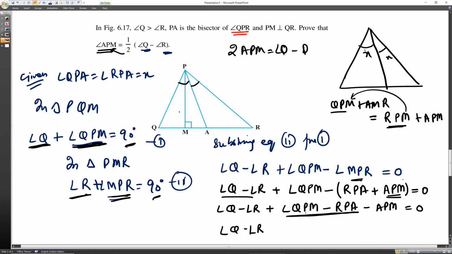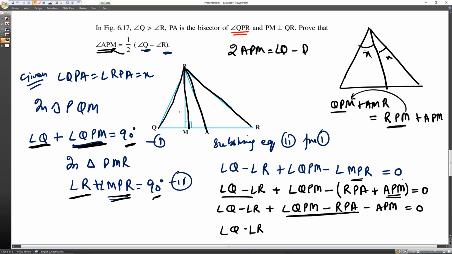The value of this one, QPM minus RPM, this is QPM minus RPA. When you subtract, just listen to me, concentrate here. What you will get when you have this value, RPA and minus QPM.